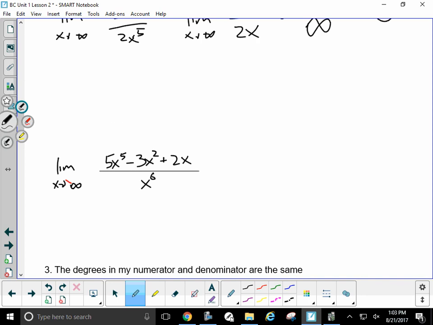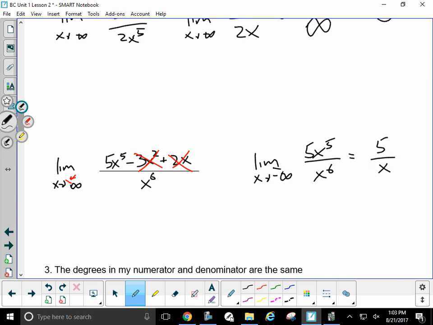So this guy, same deal. Now notice I have a negative symbol. It won't change things in the way you treat this. Relative growth, we don't care about the x squared and the 2x. I have the limit as x approaches negative infinity of 5x to the 5th over x to the 6th. This is 5 over x.